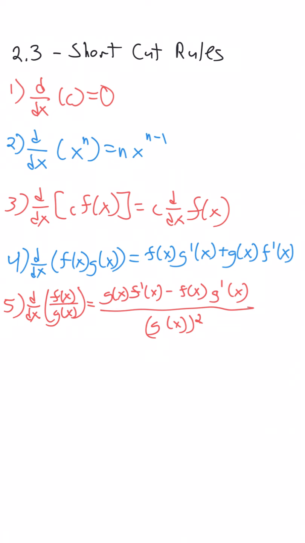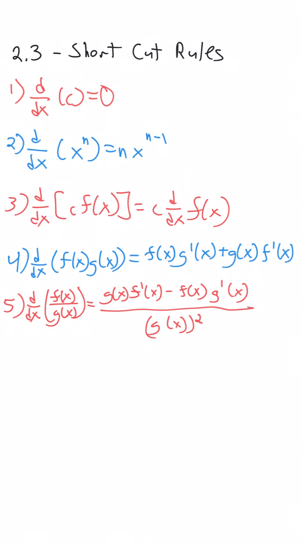A fifth and final rule in 2.3 is called the quotient rule. Again, if you have a function h of x, which is really the quotient of two functions, f of x over g of x, you've seen this before. If the f of x and g of x were polynomials, this would be called a rational function. If you take the derivative of a rational function, what do you get?